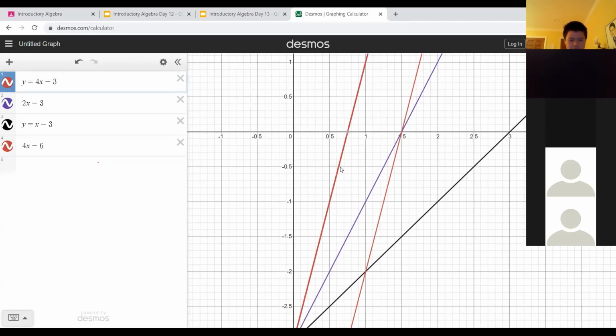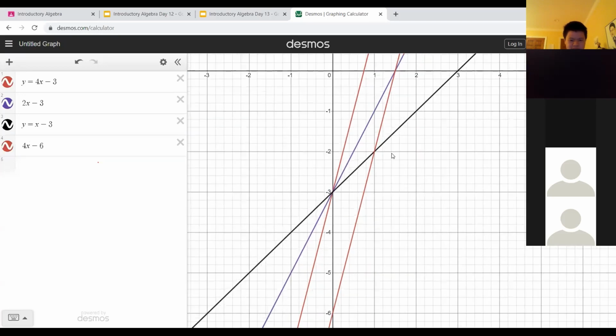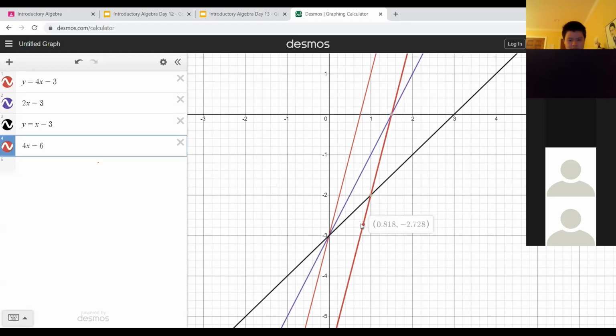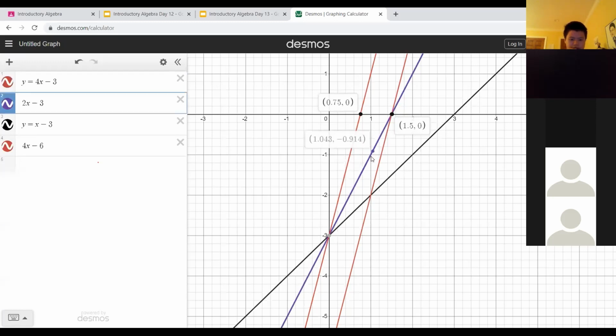This is the original, it expands to the y.